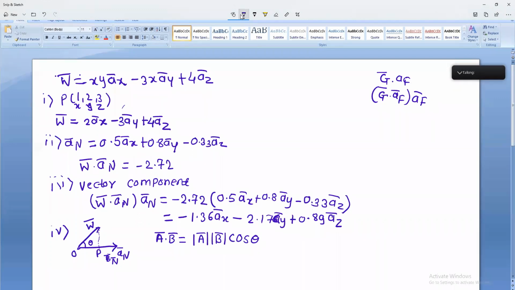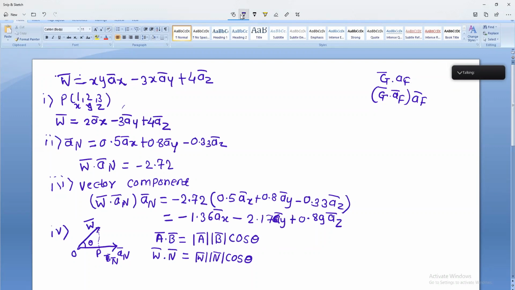W bar dot N bar is equal to magnitude of vector W bar into magnitude of vector N bar into cos theta. Right?